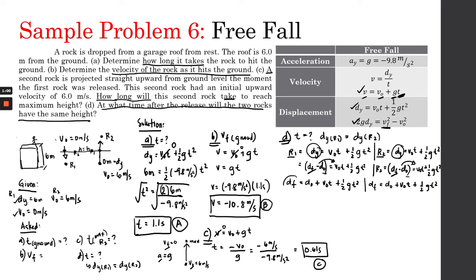What we can do now is we can equate these two, and that would give us the initial distance for rock 1 plus the initial velocity of rock 1 times t plus 1 half g t squared is equal to the initial distance of rock 2 plus v0, the initial velocity of rock 2, times t plus 1 half g t squared. And now we can actually solve for t.